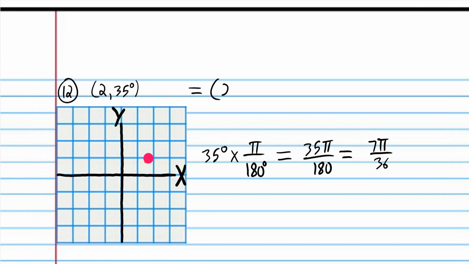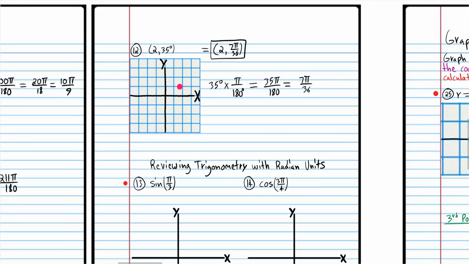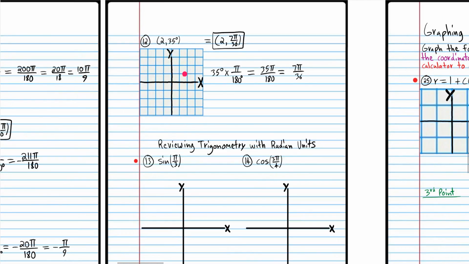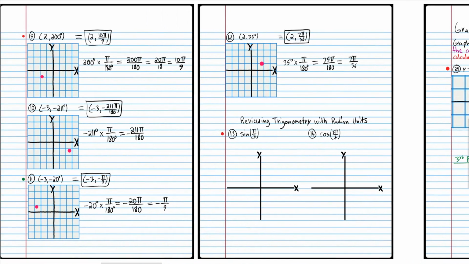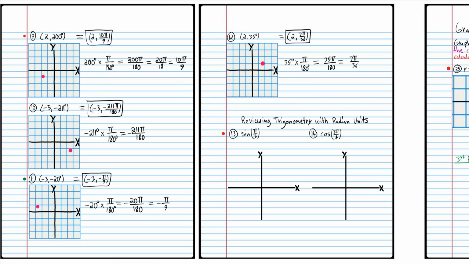So our point is going to be 2 comma 7 pi over 36. Alright, so if you got that right, good job.